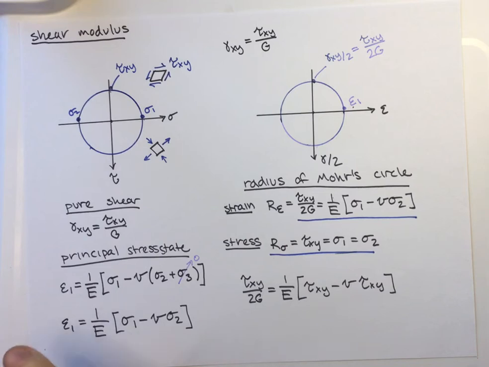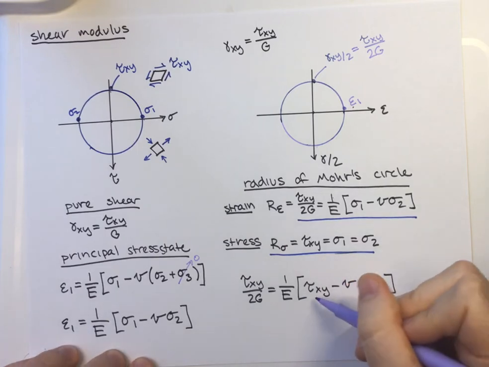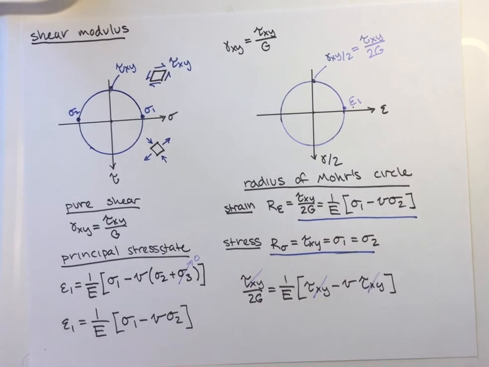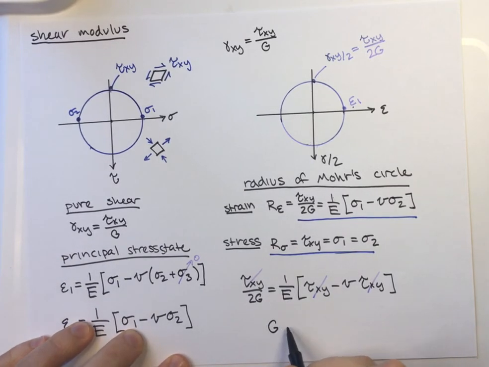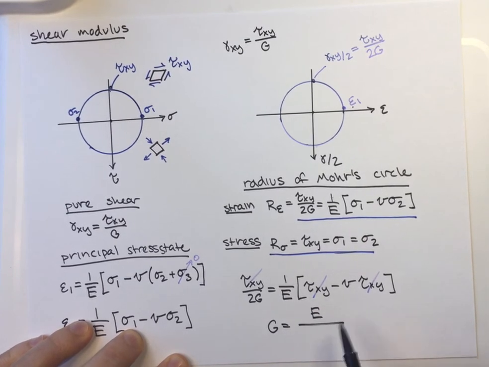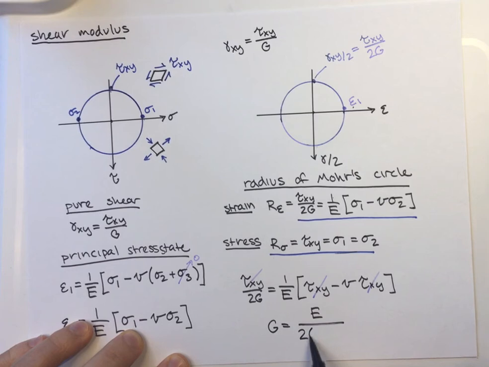And you can see that I can cancel all of those tau xy's. And I get that G is going to be equal to the elastic modulus divided by 2 times 1 plus Poisson's ratio.